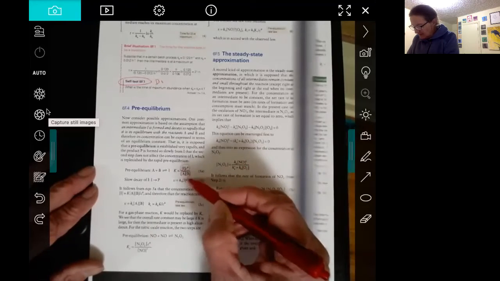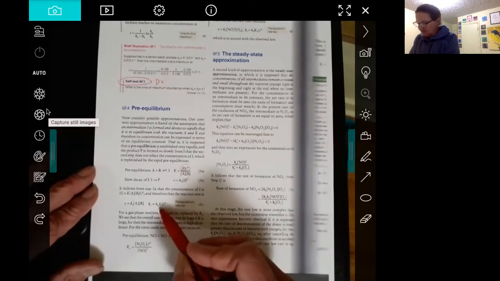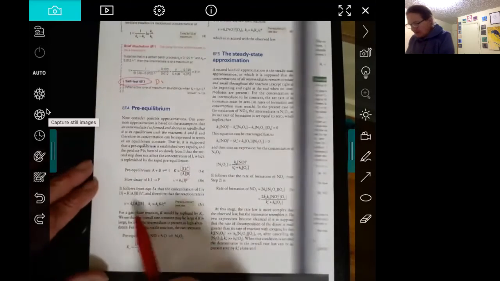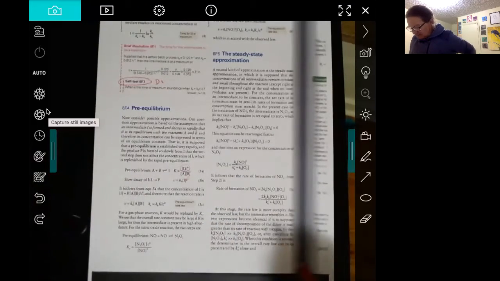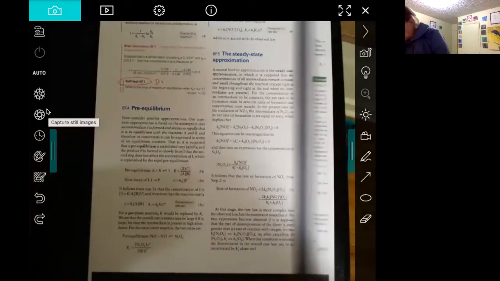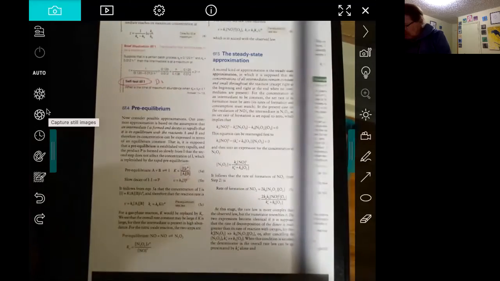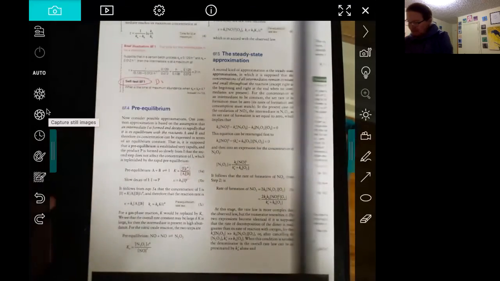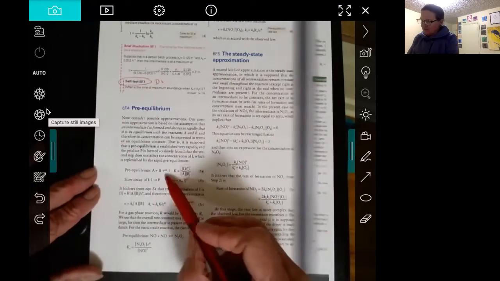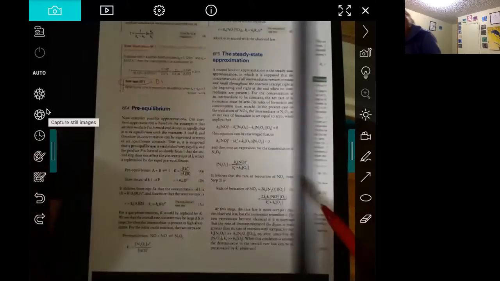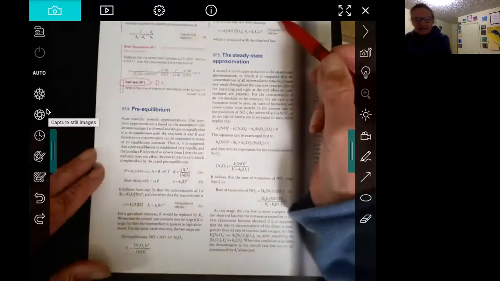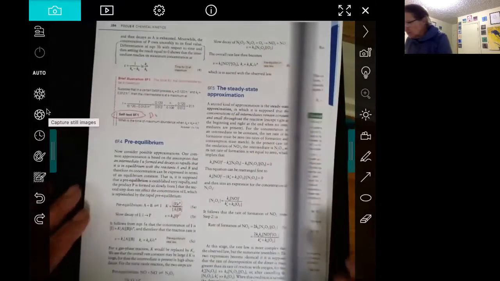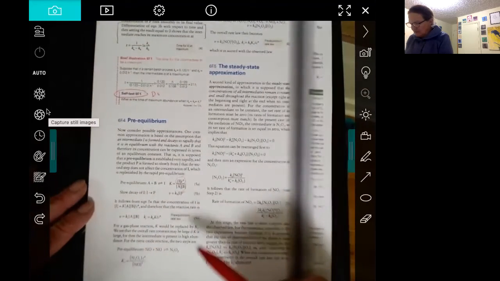So when you plug that in here, you get a rate constant times an equilibrium constant as your rate constant. And so that's a popular approximation to use to solve for an intermediate by assuming a fast pre-equilibrium. So you can go back and look at the N2O2 one we looked at, and you could do the exact same thing with that one.